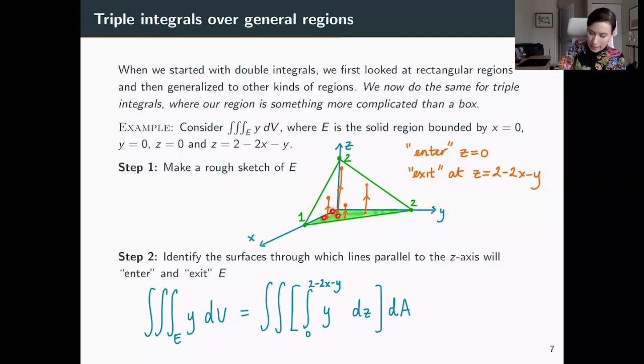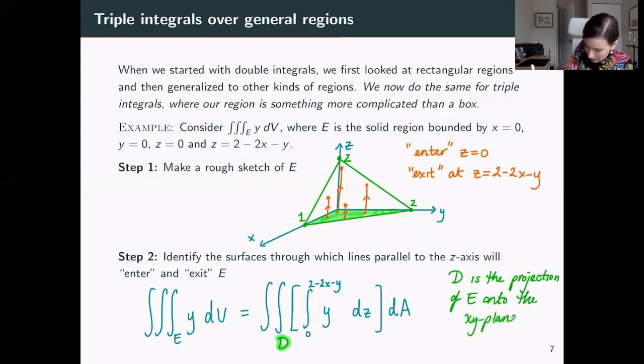These entries and exits are going to happen for all points in this shaded green region. And that region I'm going to call the region D. So here, my region D is the projection of my volume E onto the xy-plane.